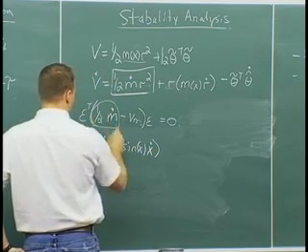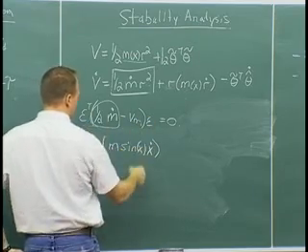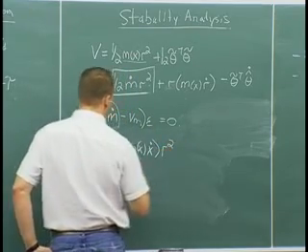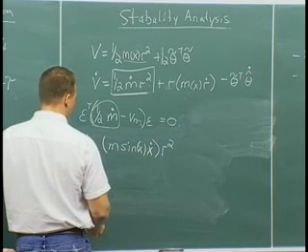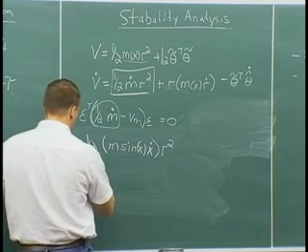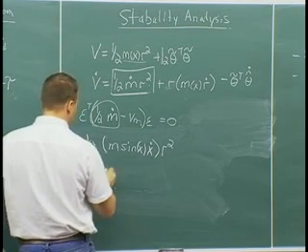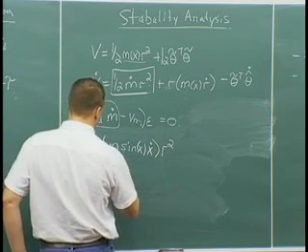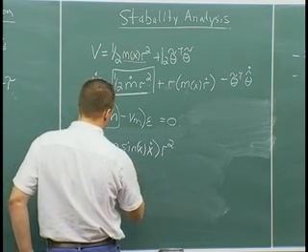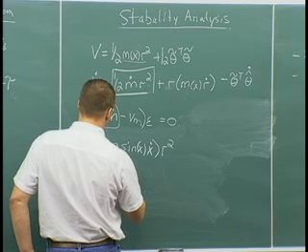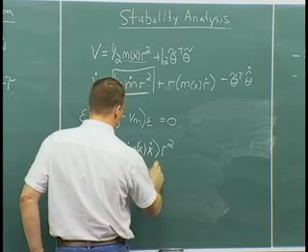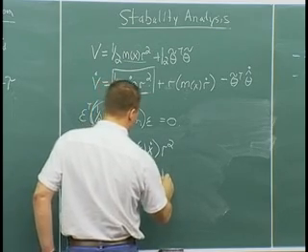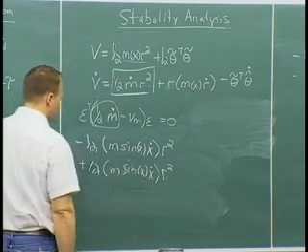That's this piece right here. And I already have my epsilon transpose epsilon. That's my r squared. And so now I'm looking for a term to cancel that. So I'm looking for a plus 1/2 m sine x dot times r squared.